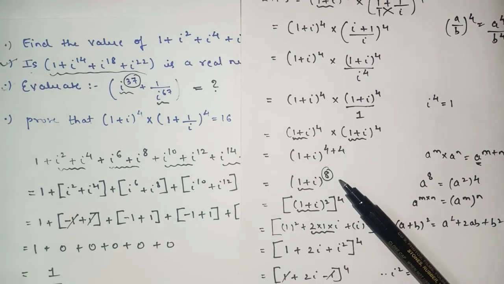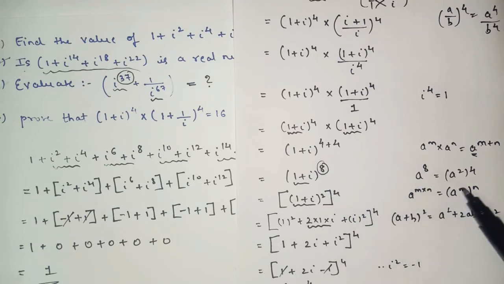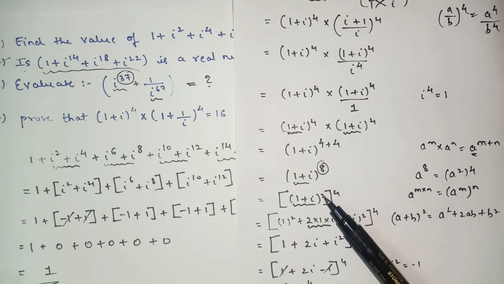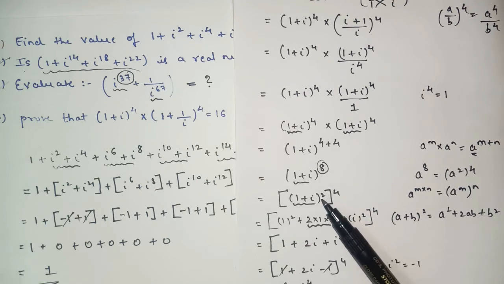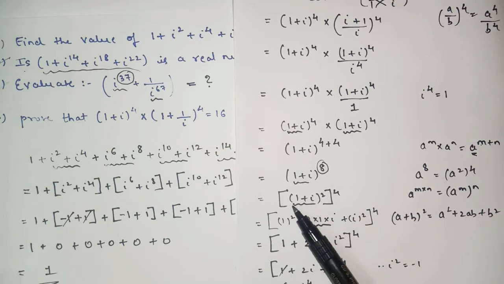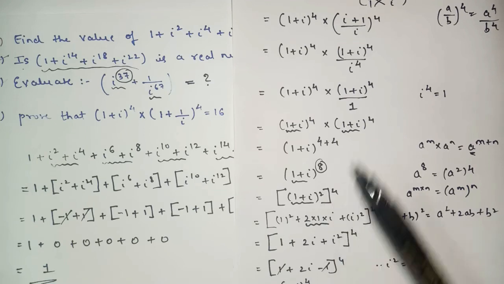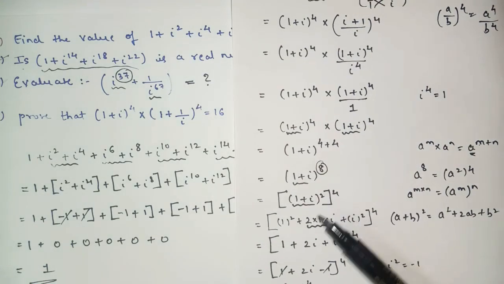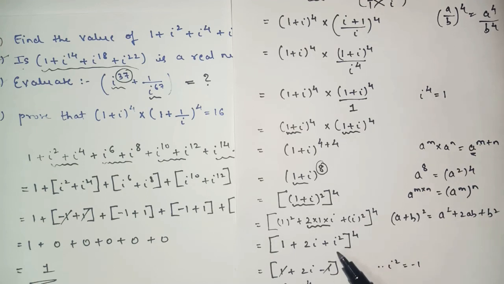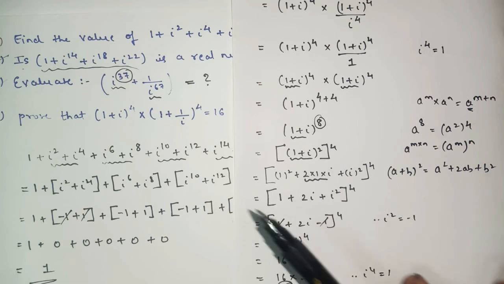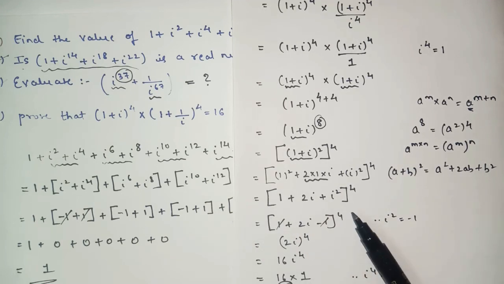After that, you can break this 8 with respect to 2 4. Don't write 4 inside. Okay, break with respect to 2 4. As we can clearly see, we have converted this 4 and 8 with respect to 2. So now apply the formula of a plus b the whole square. Substitute the value of i square. Here 1 plus 1 minus 1 will get cancelled, so you will be left with 2i the whole raised to 4.